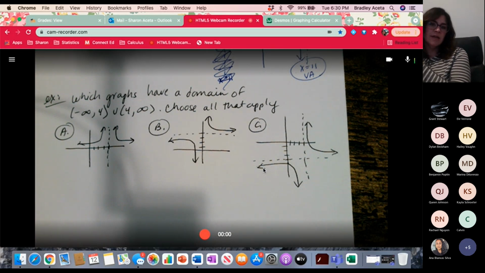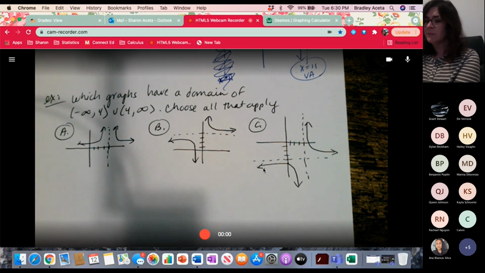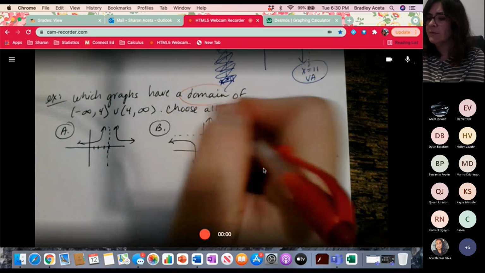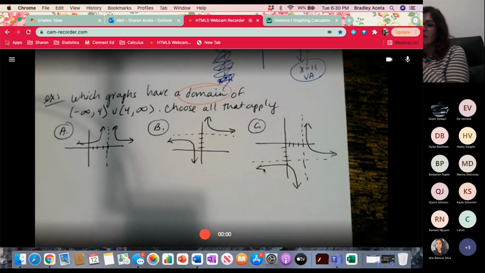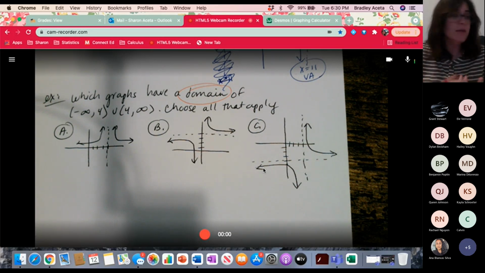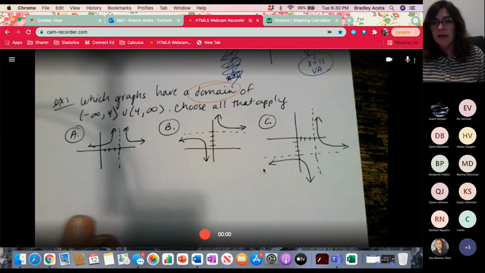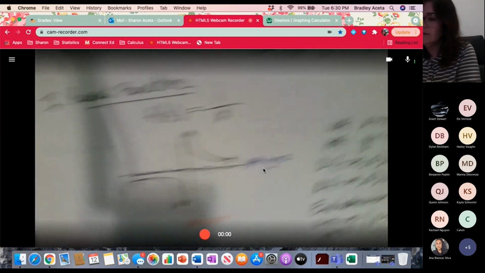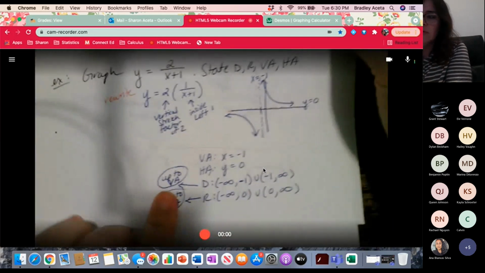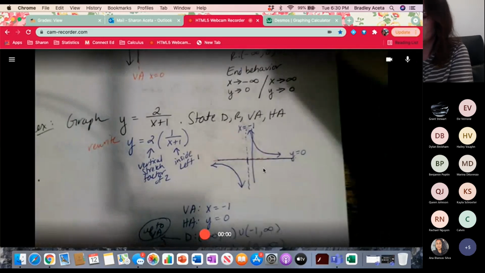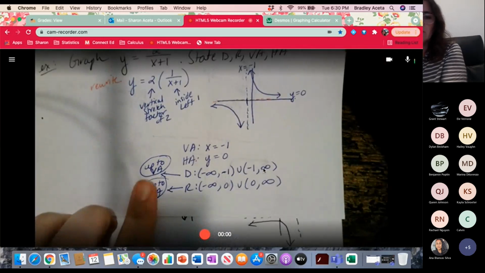And the question is asking which of these graphs that are just drawn has a domain, that's the clue, from negative infinity to 4 united with 4 to infinity. If you remember what I said at the beginning of class, your domain is up to the vertical asymptote.